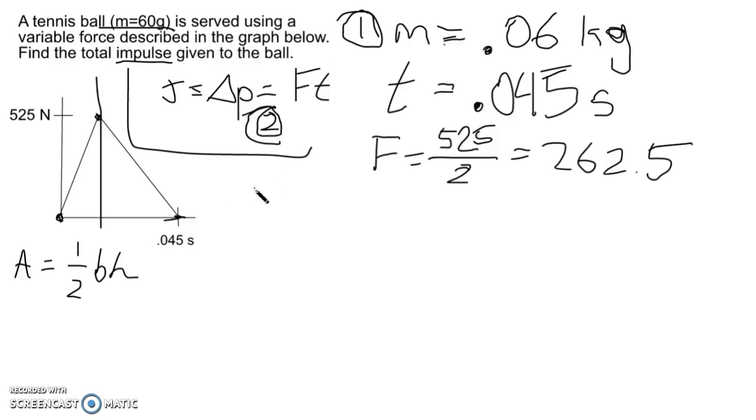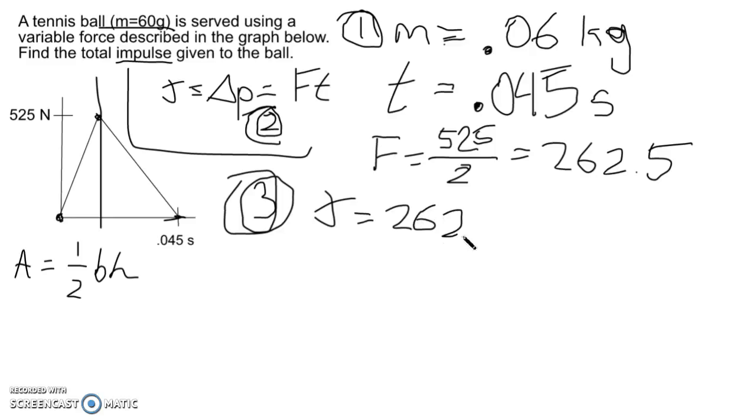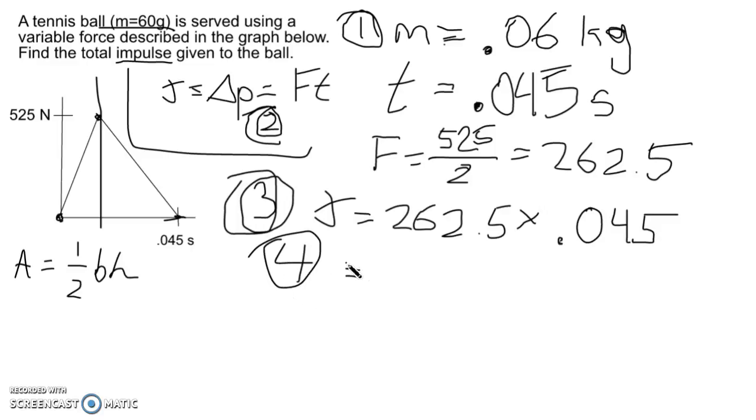So we're just going to plug and chug, or substitute and chug. We're doing force times time, so 262.5 times 0.045, and we get, this is step 4, finding the solution.